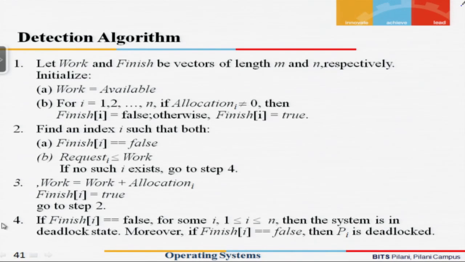So if we find that at the end of executing this algorithm there is some i for which finish[i] is equal to false, then it essentially indicates that those processes are in a deadlock state. This is indicative that the system is in deadlock, and the set of processes for which finish[i] is equal to false, they are involved in the deadlock.